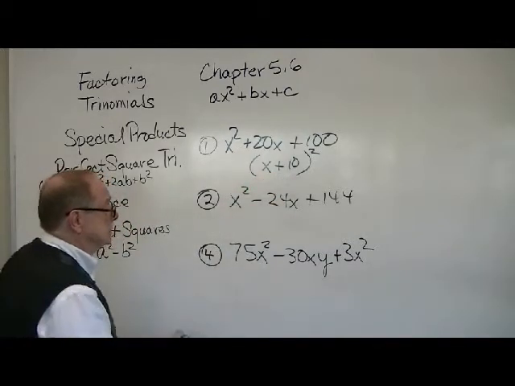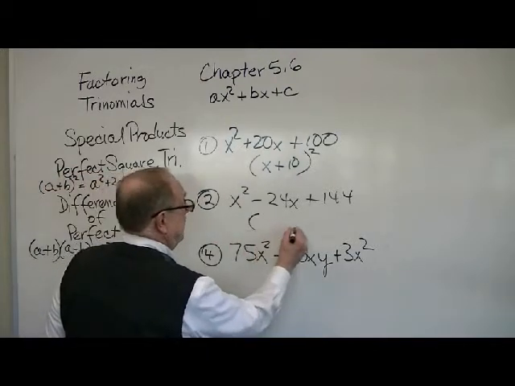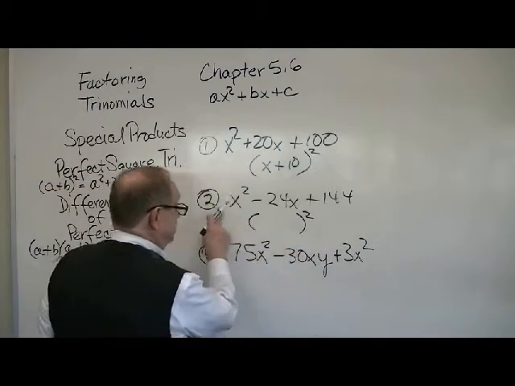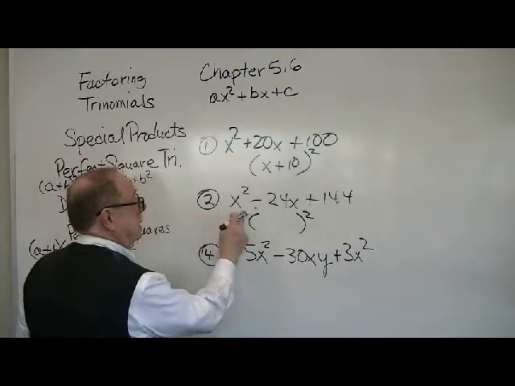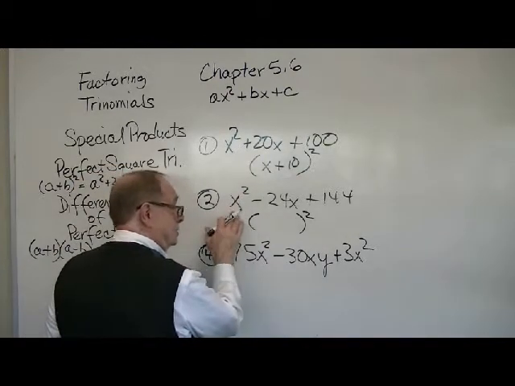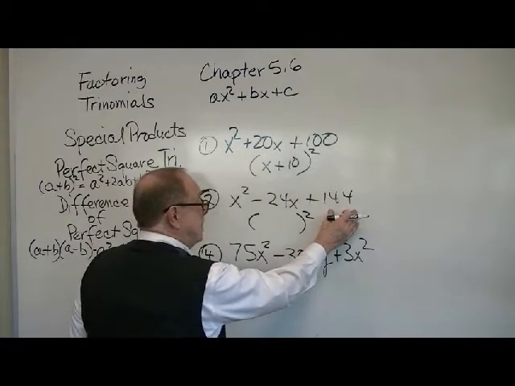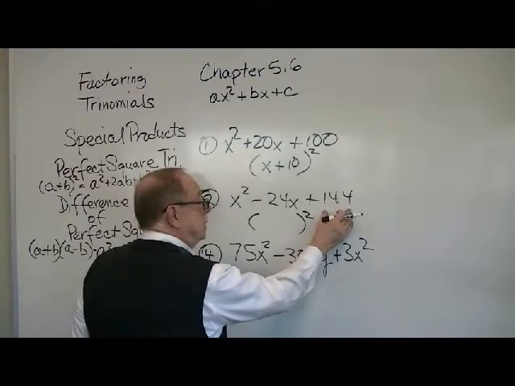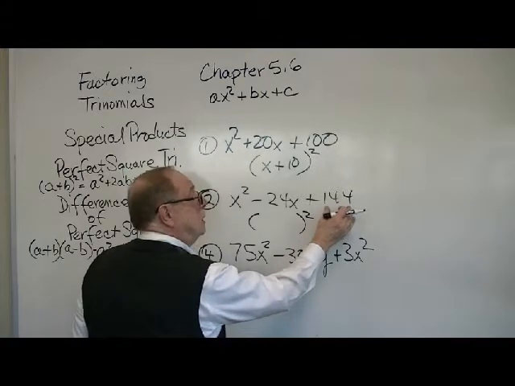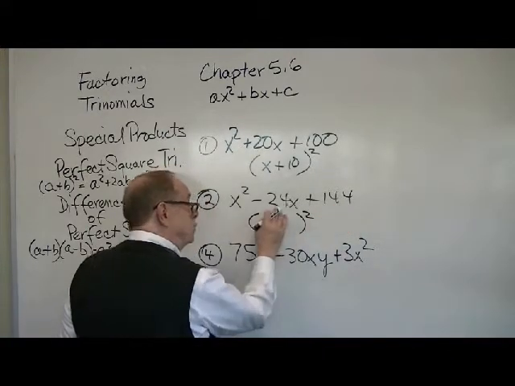And let's take a look at this one. Now, that's a perfect square. X squared is a perfect square. 144 is a perfect square. The square root of 144 is 12. If we double 12, we get 24.